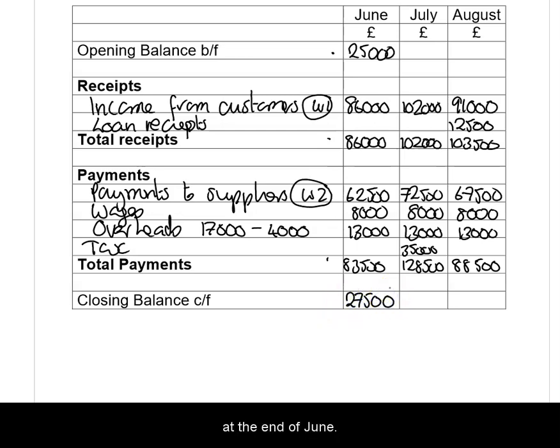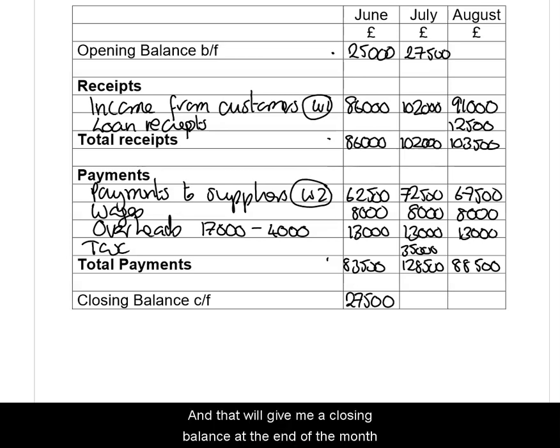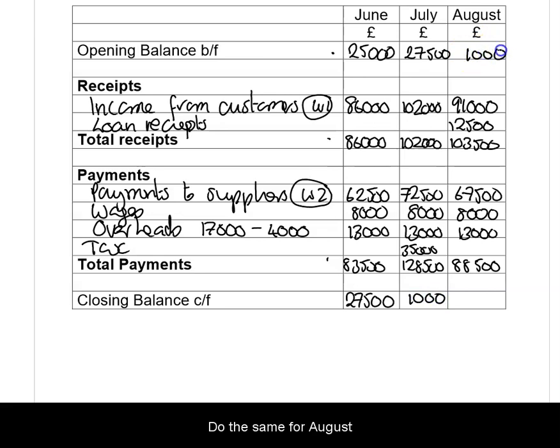The closing balance at the end of June is the opening balance at the beginning of July, and I just repeat the process, adding in my receipts, taking off the payments, and that will give me a closing balance at the end of the month of £1,000. That's the opening balance at the start of August, and that will give me a closing balance of £16,000. And there we've prepared the cash budget.